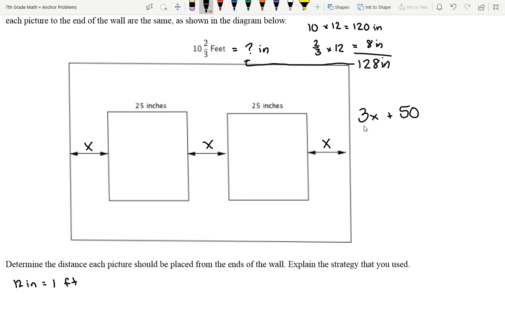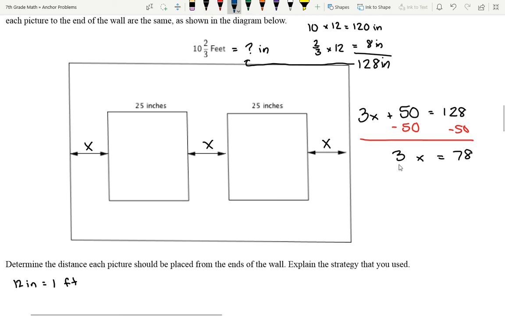And that equals this entire 128 inches across. Let's solve that equation. If we subtract 50 from both sides, we're left with 3x is equal to 78.